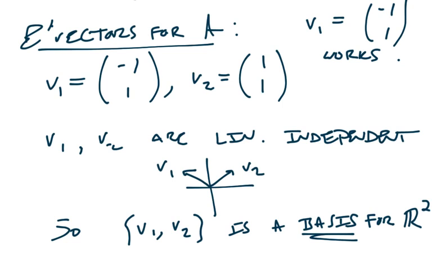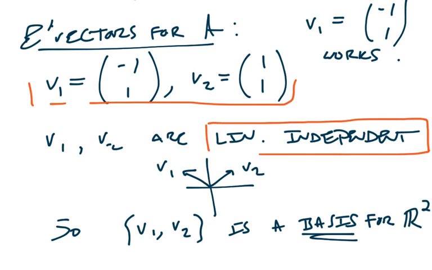Now, there is something even stronger that you can say about these two particular vectors. Not only are they linearly independent, they are the most linearly independent that it is possible to be. They are actually orthogonal. v1 is orthogonal to v2.